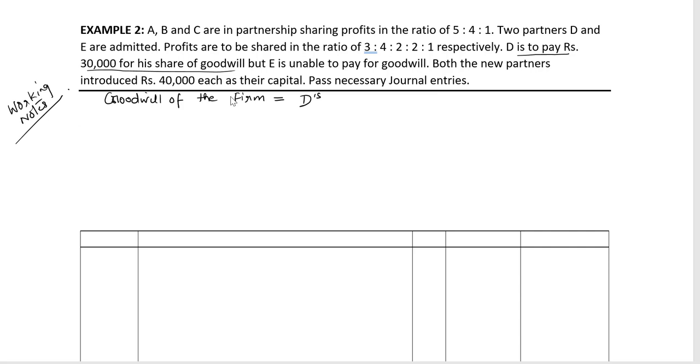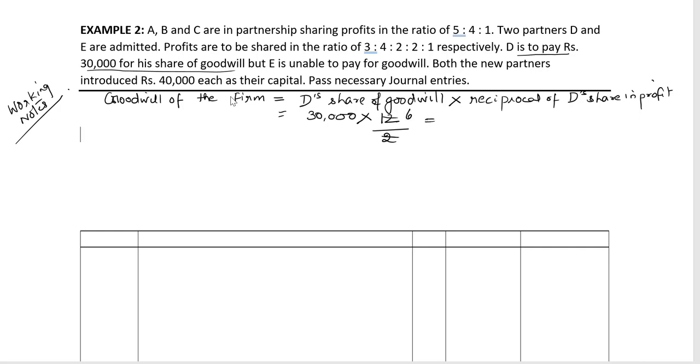So we can get the goodwill of the firm by taking D's share of goodwill multiplied by the reciprocal of D's share in profit, which is equal to rupees 30,000 multiplied by 6, divided by 2, which is equal to rupees 1,80,000.